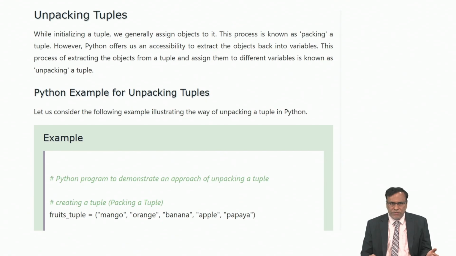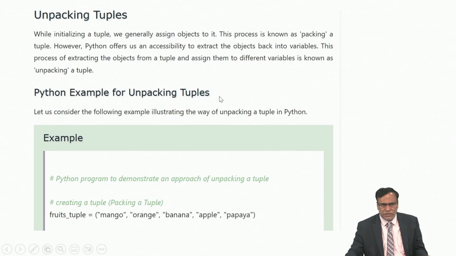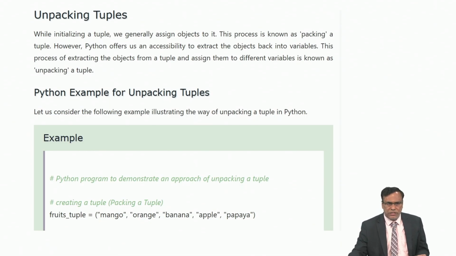While initializing a tuple, we assign values to the tuple. We call this process packing. But if you want to assign these values to some variables, Python offers the accessibility to extract the values into variables. The process of extracting the values from a tuple and assigning them to different variables is known as unpacking.